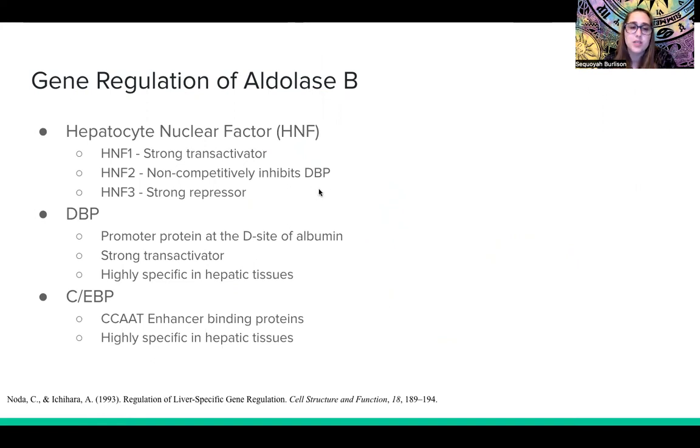What is DBP? Well, DBP is the promoter protein that binds the D site of albumin, and it's a strong transactivator. So is CEBP, which is CCAAT enhancer binding protein. Both of these are highly specific in hepatic tissues.